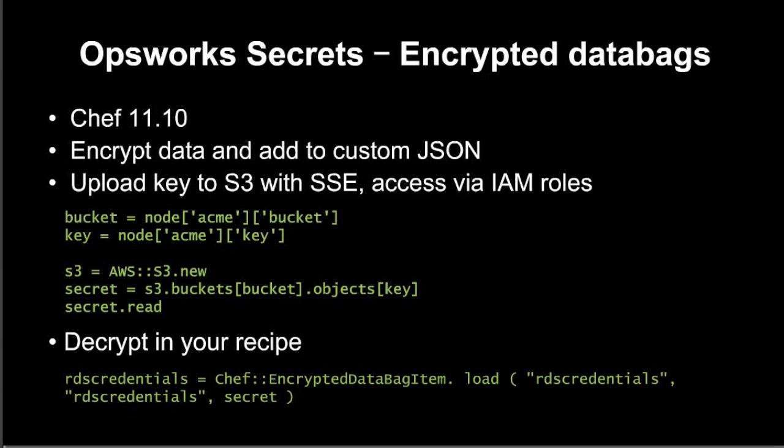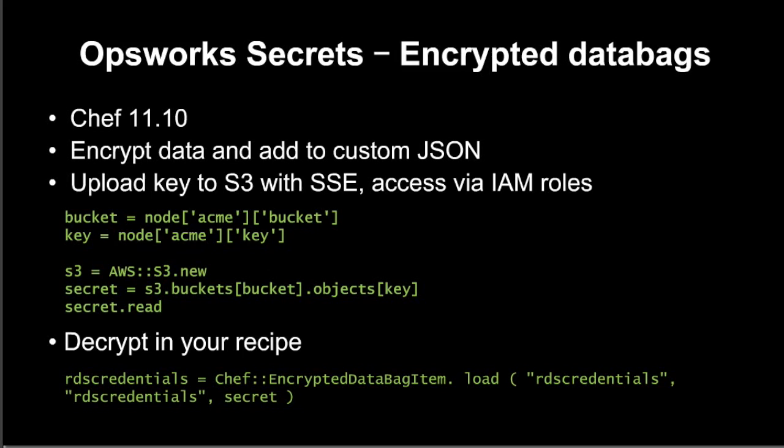Alternatively, you can use encrypted databags on OpsWorks if you're using Chef 11.10. You can create a databag, you can encrypt it, and then you can add the encrypted values in your custom JSON or in the definition of your stack in OpsWorks. And then you're going to need to upload just the key for the encryption and the decryption of this file to S3.